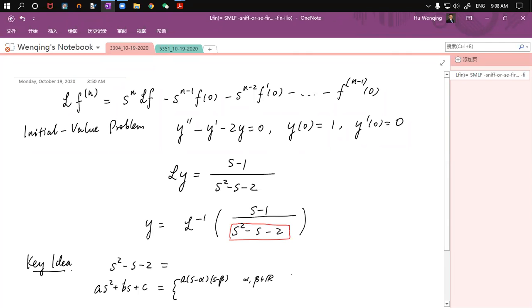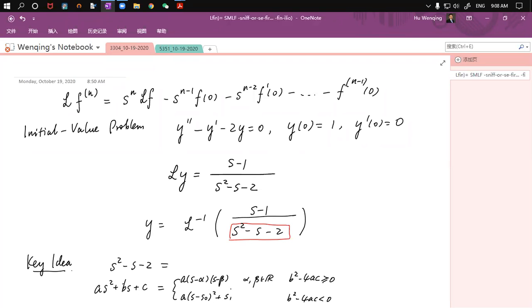This is in the case when b squared minus 4ac is greater than or equal to 0. But if b squared minus 4ac is less than 0, you can only write it as (s minus s0) squared plus s1. So that's two ways to work with the quadratic formula.